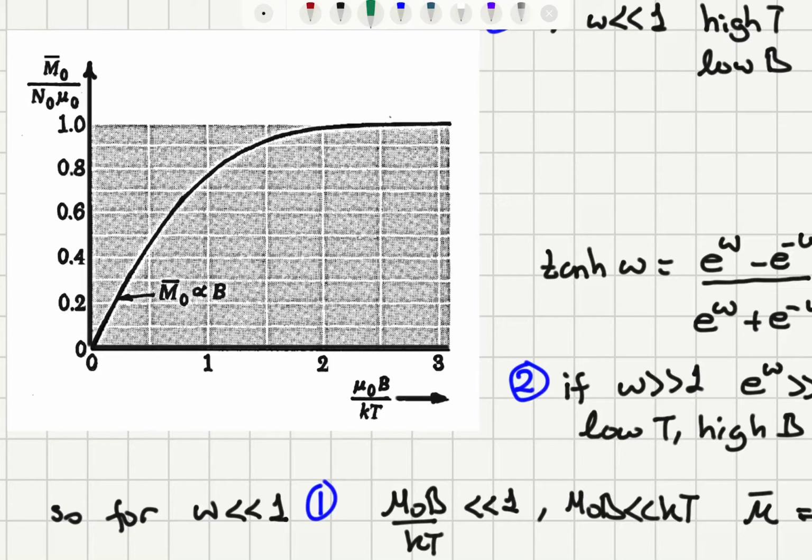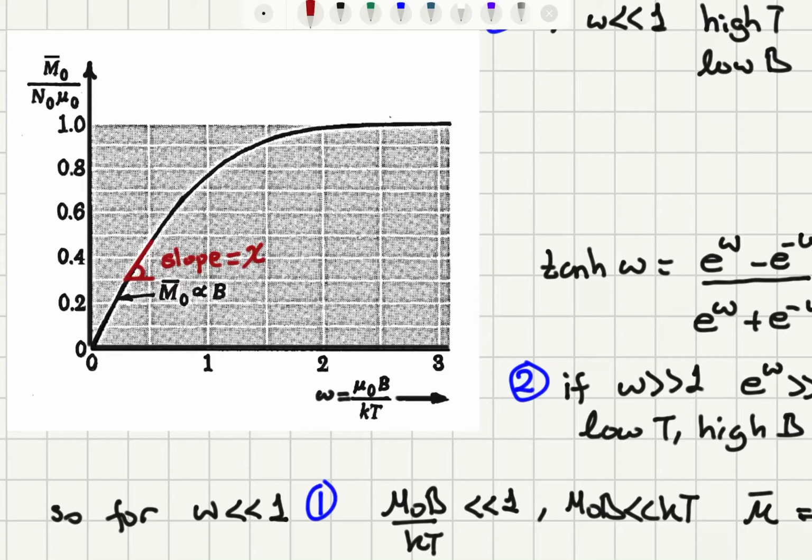So you can see here, if I plot the magnetization divided by n0 mu 0 as a function of omega, so this is my omega here, I can see that for low values of omega, I have a linear dependence on magnetic field, and actually, if you consider the slope of this curve, the slope is magnetic susceptibility chi.